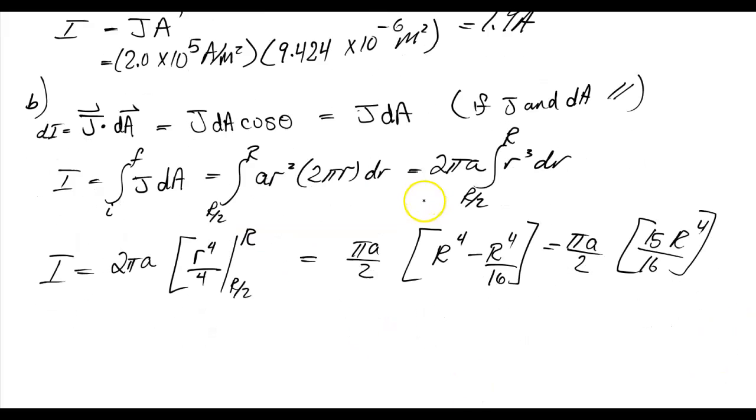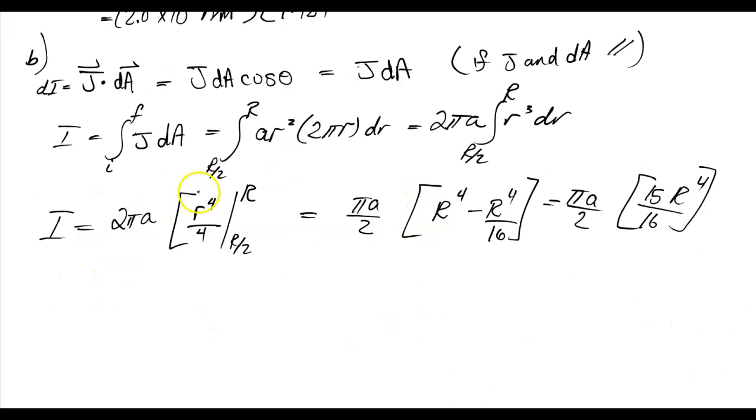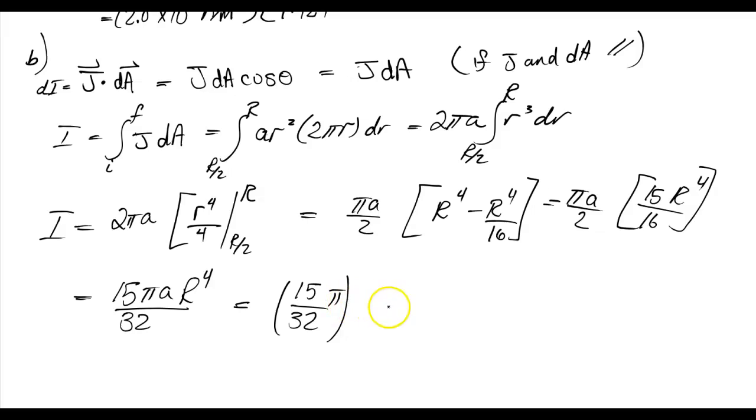And we can rewrite this as 15 pi A over 32 times R to the 4th. And now we have all of these values, so we can plug them in. 15 over 32 pi is a constant.